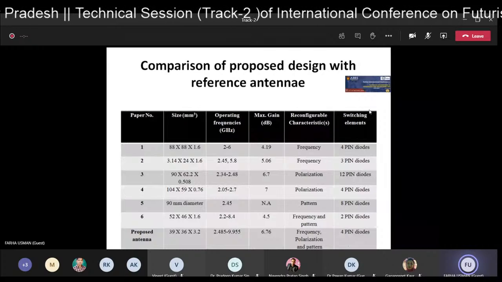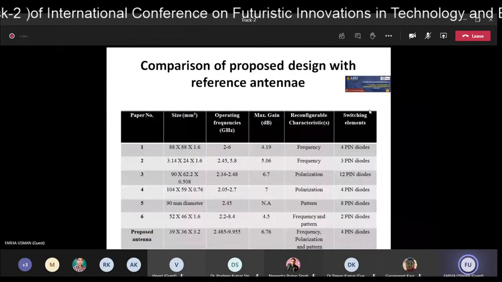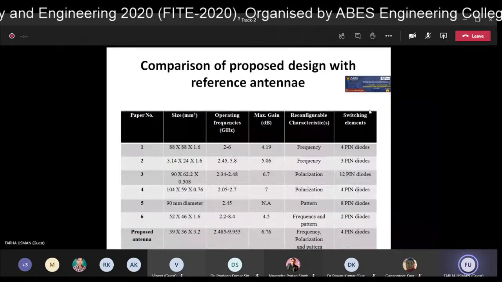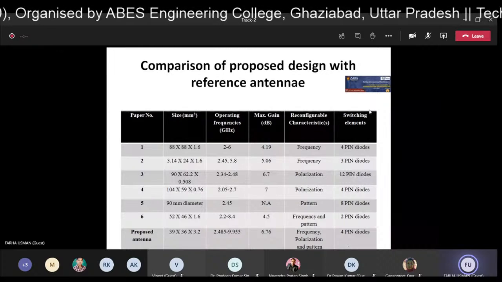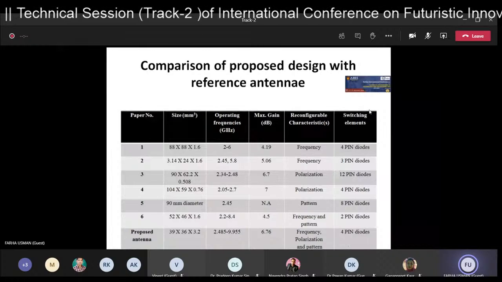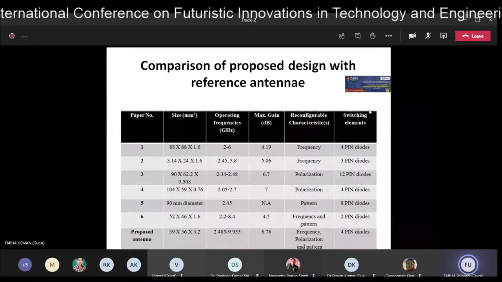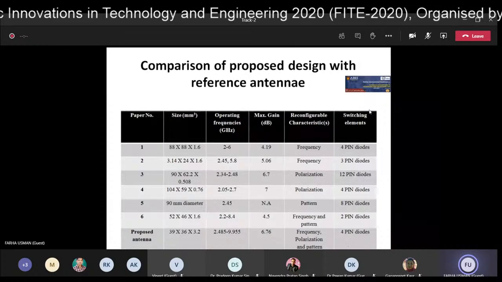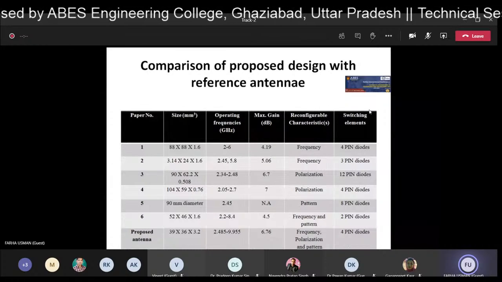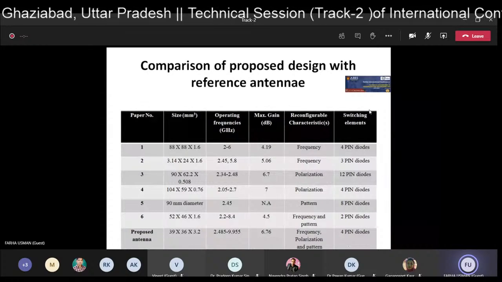It showed variations in the resonant frequency, the polarization, as well as radiation pattern using 4 pin diodes. An additional advantage of this antenna was that it was able to exhibit wideband operation. The antenna was showing wideband operation in many modes at different frequencies, as I have stated earlier.